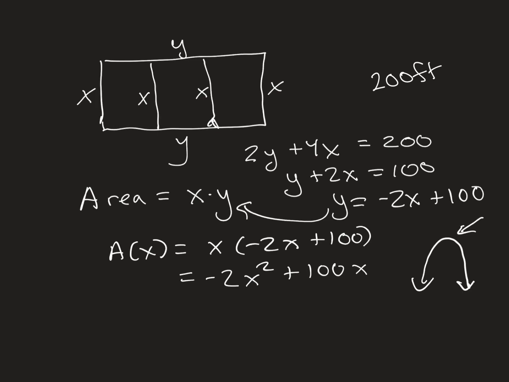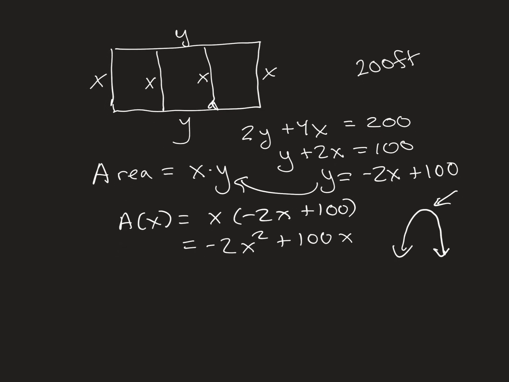So if I want to find the dimension that will get me a max area, then I want to find the x coordinate of the vertex, because that will give me the x dimension that gives me a max area. The x coordinate of the vertex in this case, negative b over 2a, is going to be 25 feet. Okay, that's the x dimension.